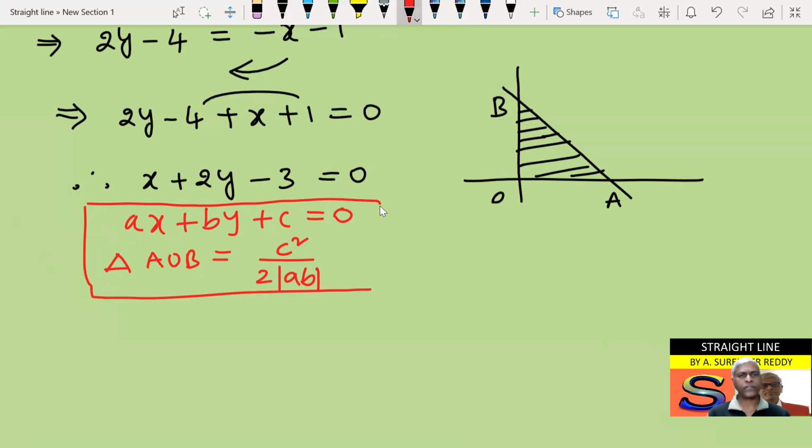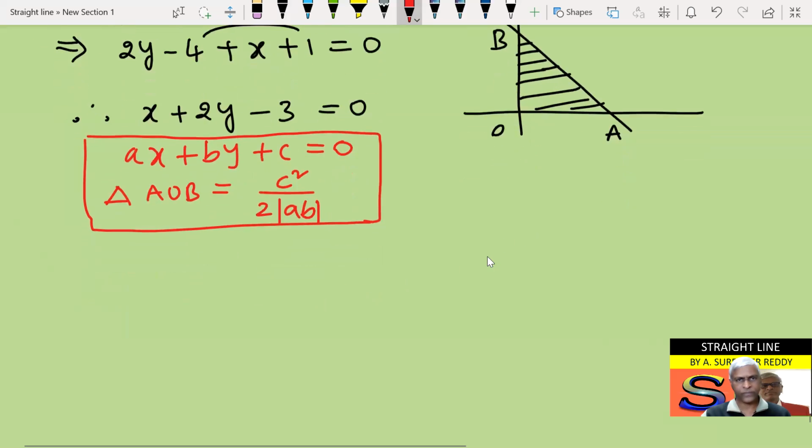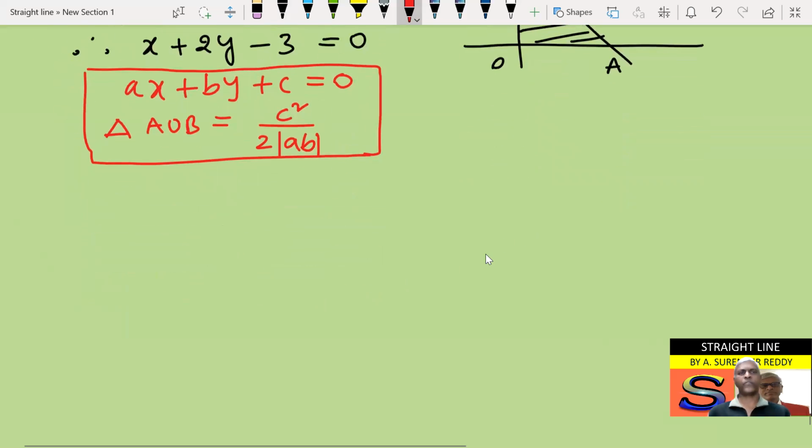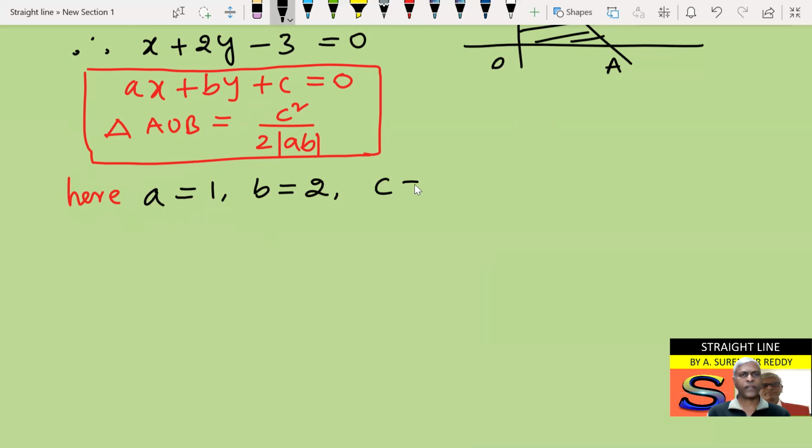Using this formula, without transforming the equation into intercept form, we can find the area of a triangle formed by the line with the coordinate axes. So here the A value is 1, B value is 2, and C value is 3.